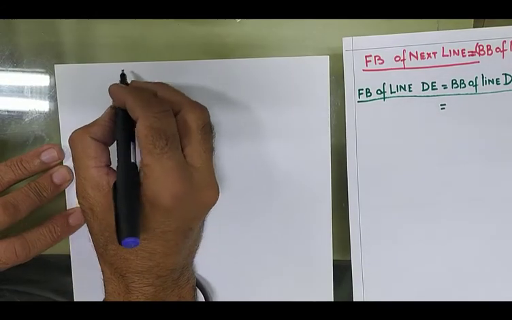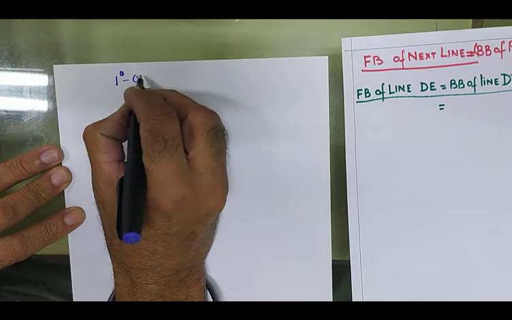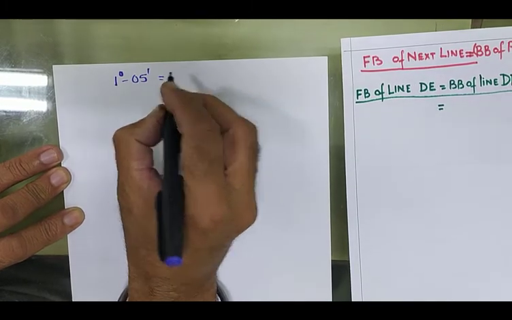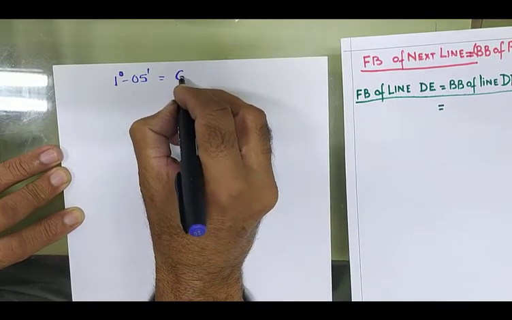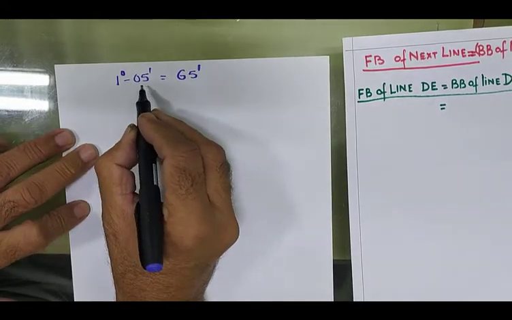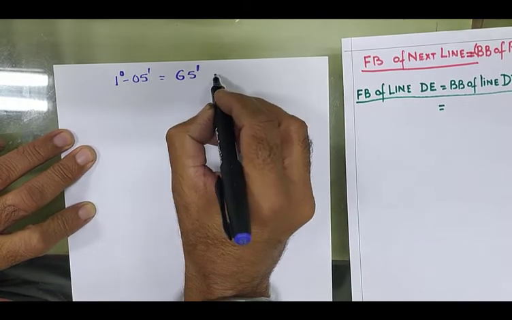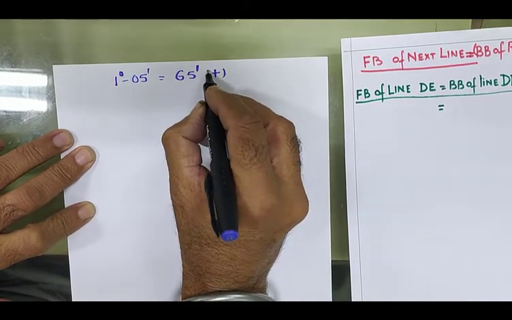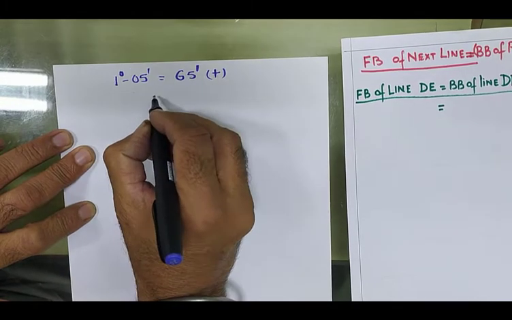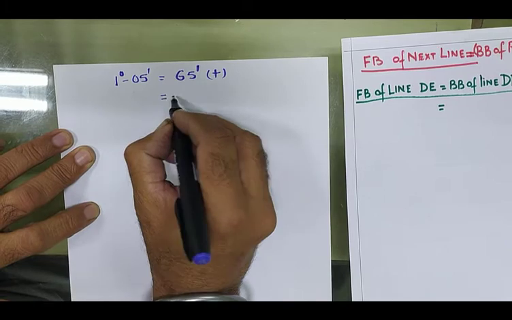So total error is 1 degree 5 minutes, or you can say it is 65 minutes. Okay, 1 degree contains 60 minutes plus this. So we have the 65-minute error. It is plus. Okay, so divide it by 5 angles. We will equally divide in all the angles.